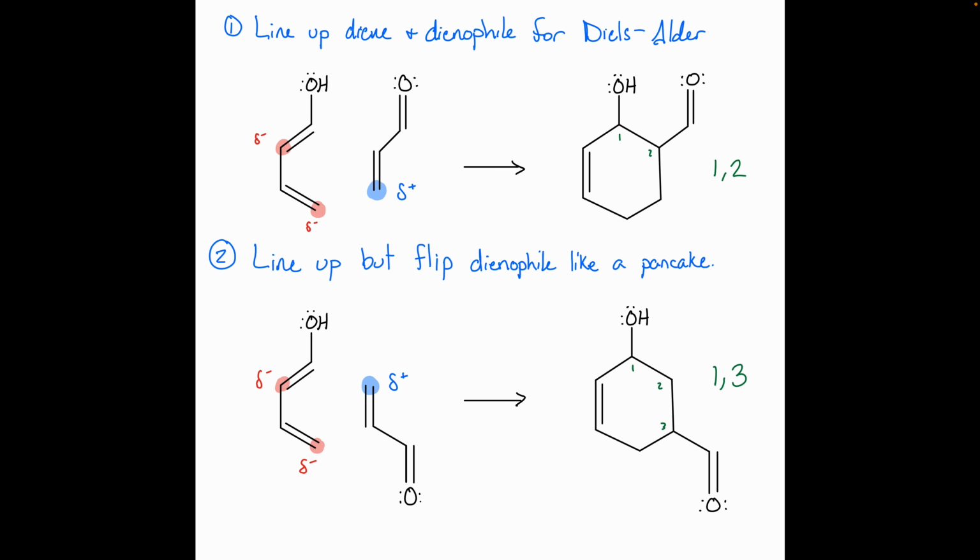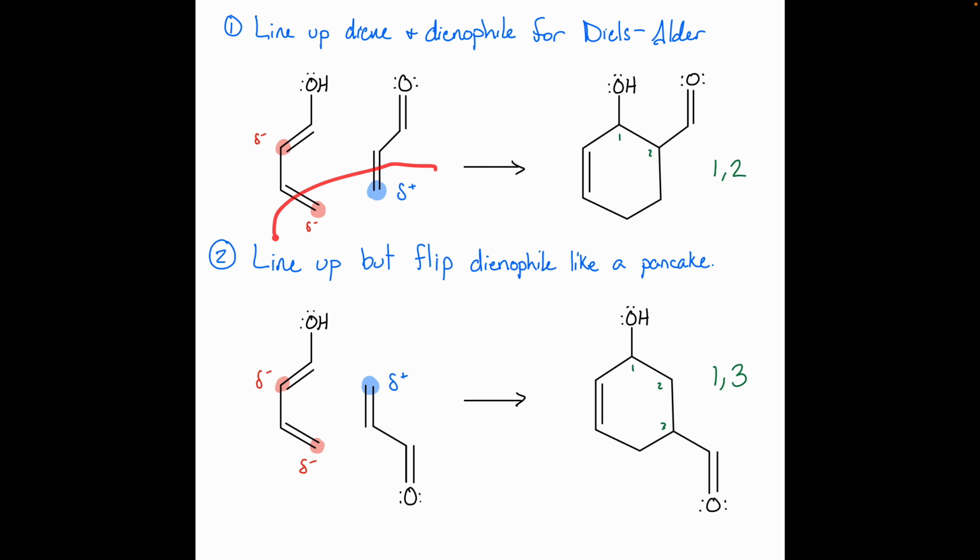Okay, so which one of these two orientations is going to be more favorable? We have one here where our partial positive and our partial negative charge are right next to each other, or one where they're catty corner to one another. What do we think will be more favorable here?